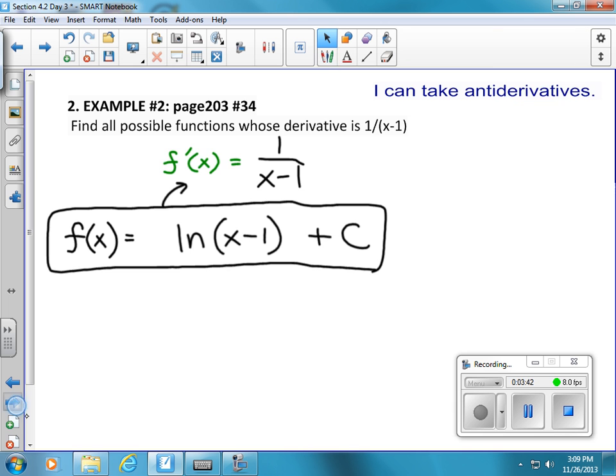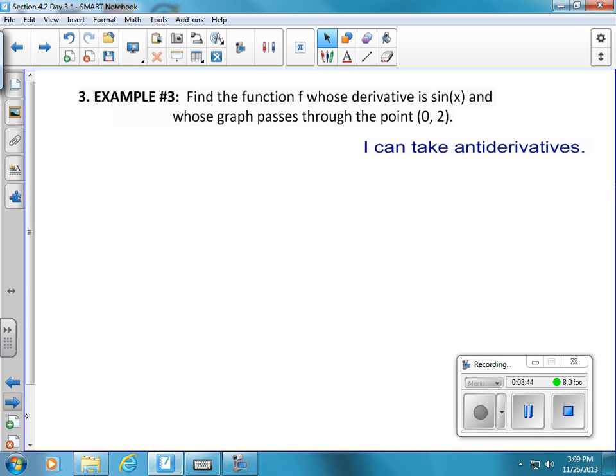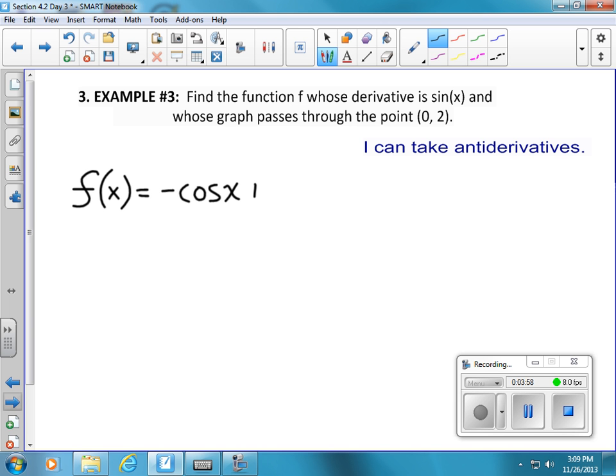Okay, we are going to get a little bit more exciting than this. Find the function whose derivative is sine of x. Actually, we already did that. We know that the function is negative cosine of x plus c. And then this tells us the graph passes through the point 0, 2. All right, this is basically called an initial value problem.